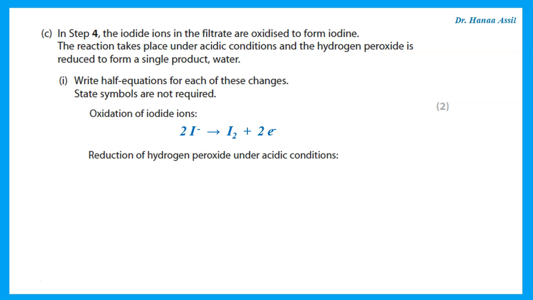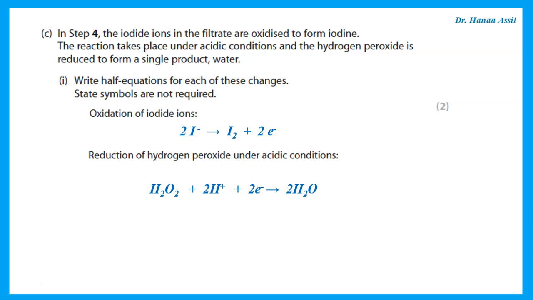Then we need to write the equation for reduction of hydrogen peroxide under acidic conditions. When we're told under acidic conditions, that means it's the hydrogen peroxide plus H⁺. Now, we're told up there that this gives a single product, which is water.